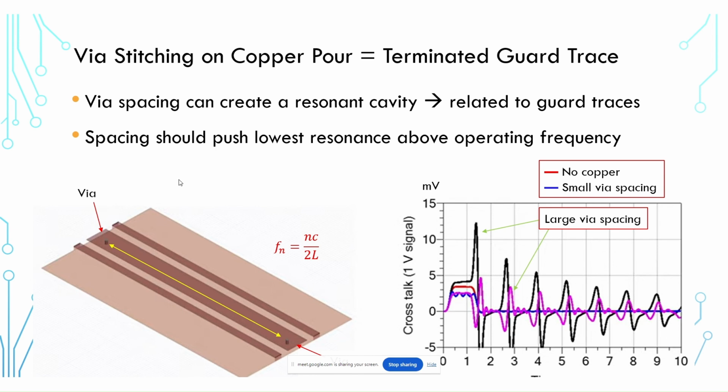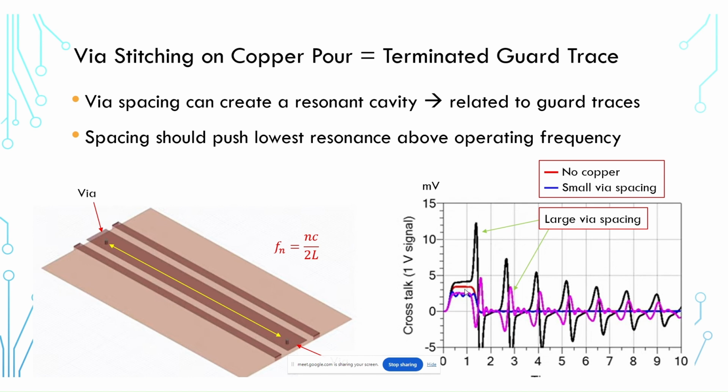Now, when we make that via spacing small, eventually we push those resonant frequencies to much higher values, such that we have less of the aggressor signal power spectrum overlapping with these signals. That's why when we have smaller via spacing, it is possible to get a reduction in crosstalk.